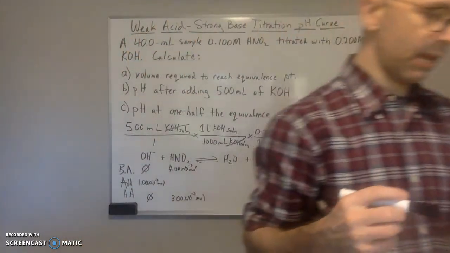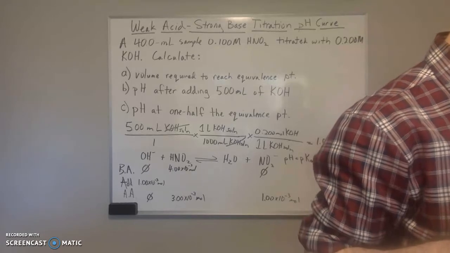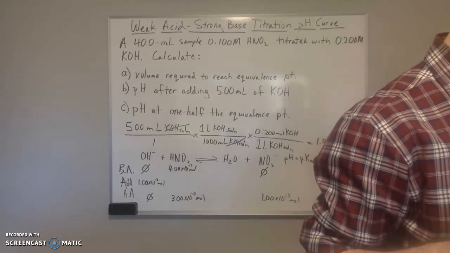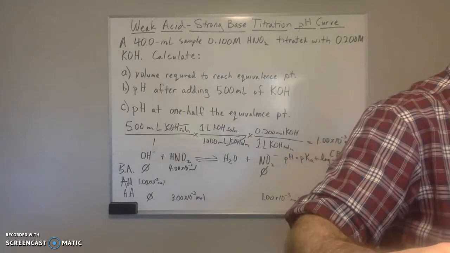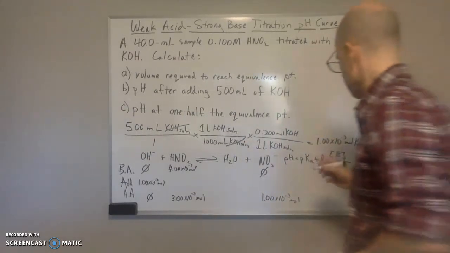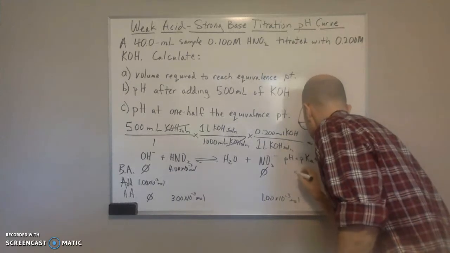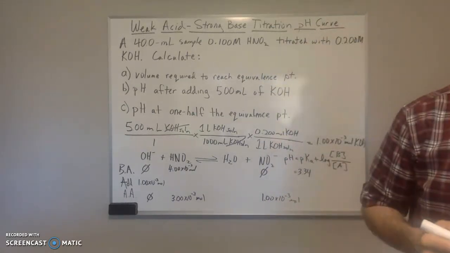So what's the Ka value? Okay, the pKa is 3.34. So that means pH is equal to 3.34.